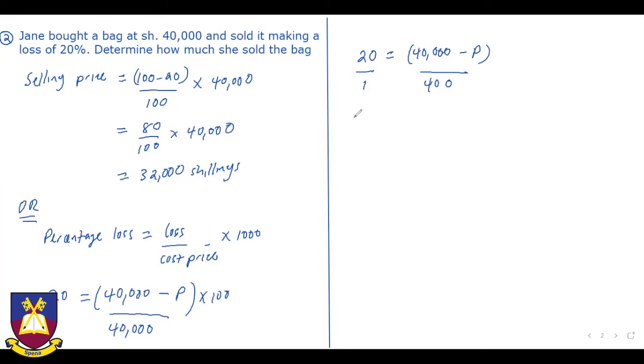This is going to be 8,000 is equal to 40,000 minus P. And when we take this P this side and the 8,000 this side, P is equal to 40,000 minus 8,000, which is still 32,000 shillings. That's the price that Jane sold her bag, making a loss of 20%. Let's look at the third example.